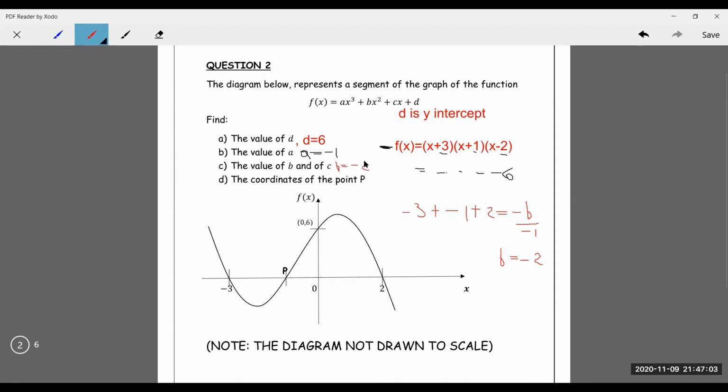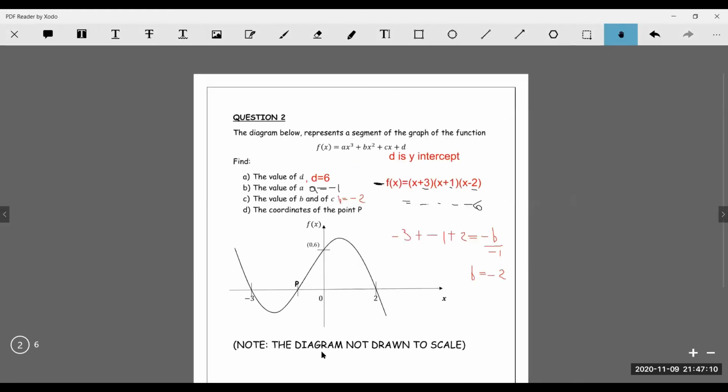Now after we find that B is -2, we need to find the value of C. How are we going to find the value of C? That is too easy.